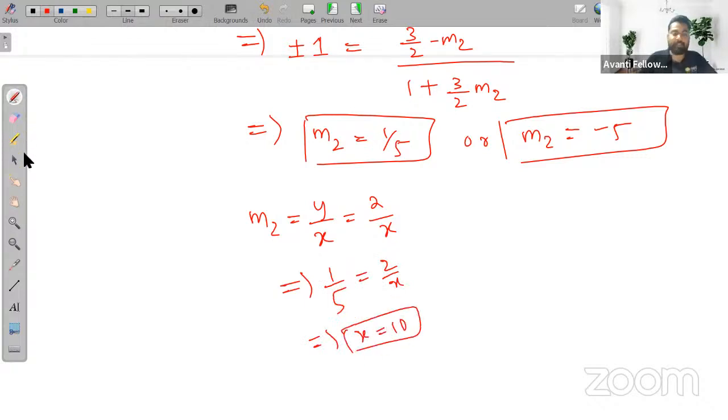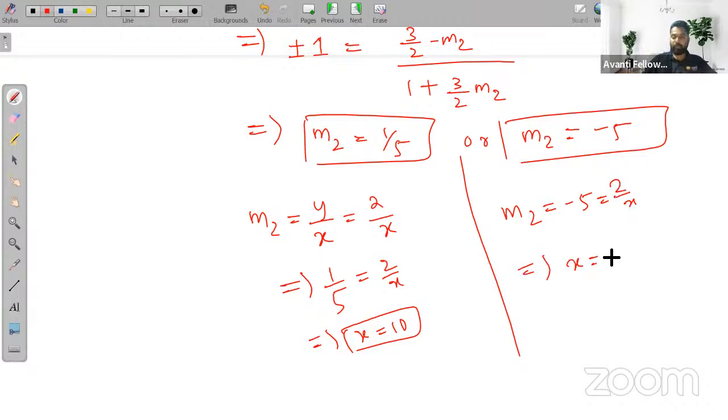By solving for M2 equal to -5, which is also 2/x, I am getting x is equal to -2 upon 5.